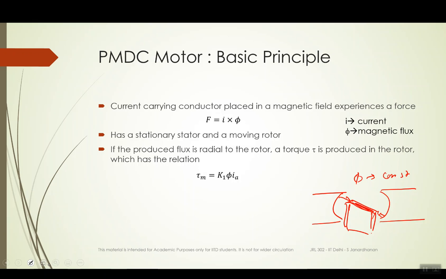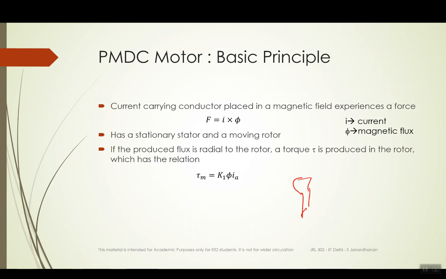Let me draw it in a different manner. So if you have your permanent magnet like this, this is the north pole, this is the south pole, and you have the current flowing in the rotor.